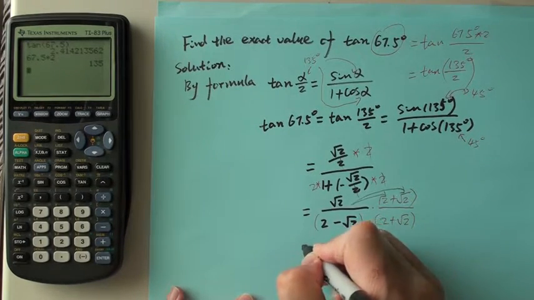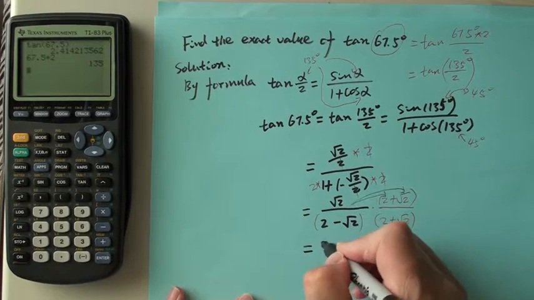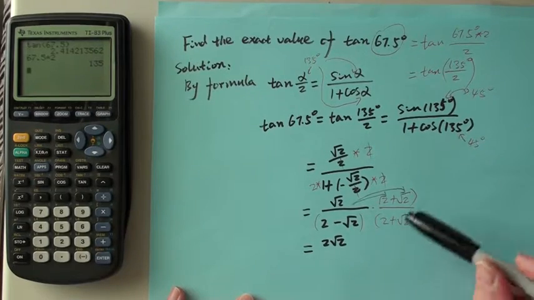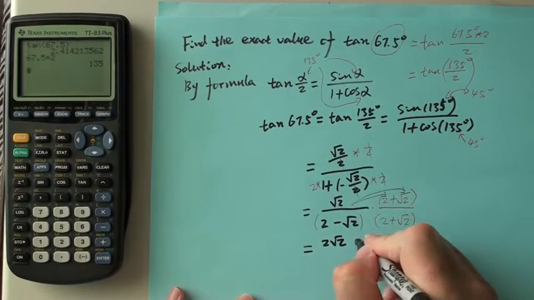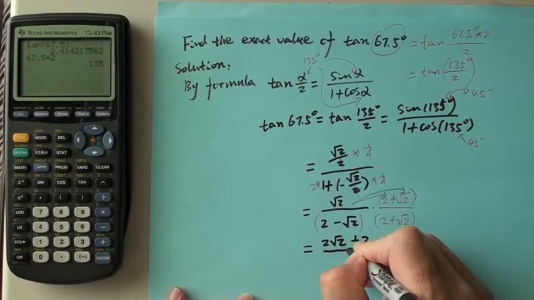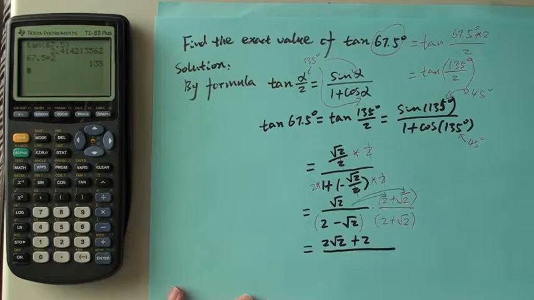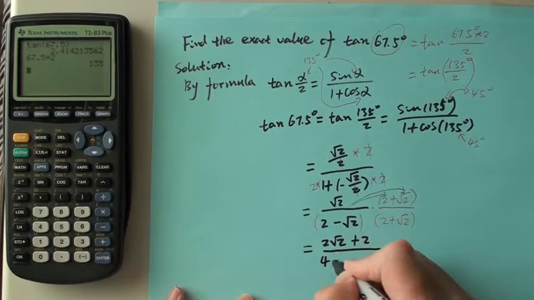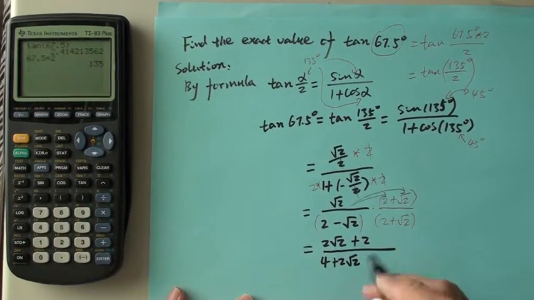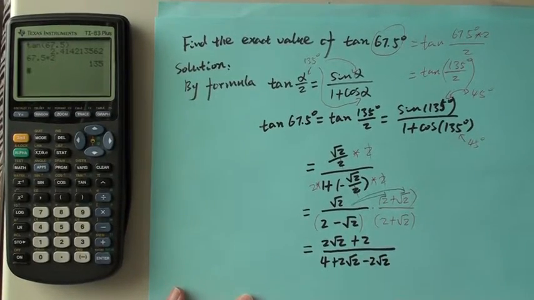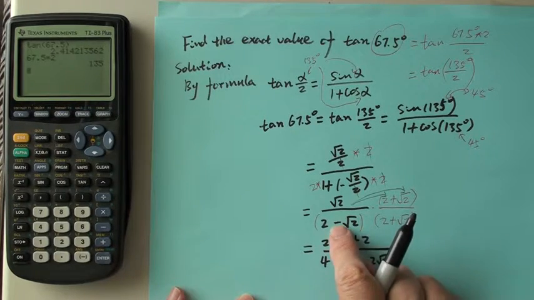Upstairs, radical 2 times 2 is 2 radical 2, and radical 2 times radical 2 is 2. Downstairs, 2 times 2 is 4, then 2 radical 2, then negative 2 radical 2, and then radical 2 times negative radical 2.